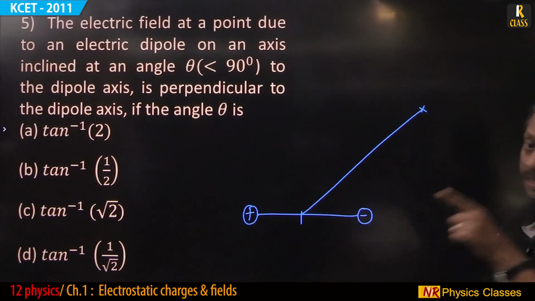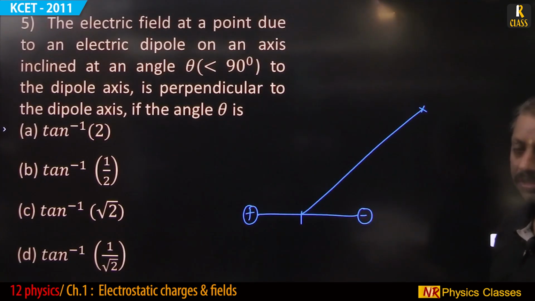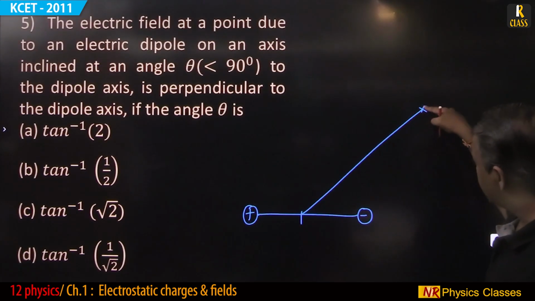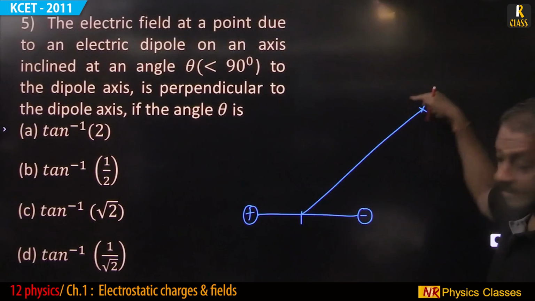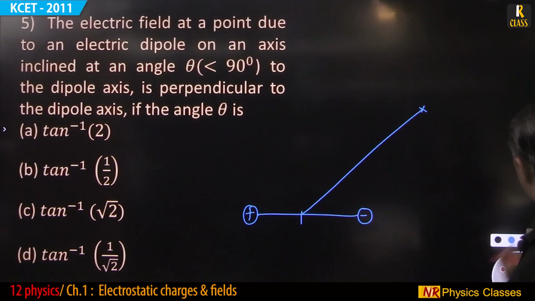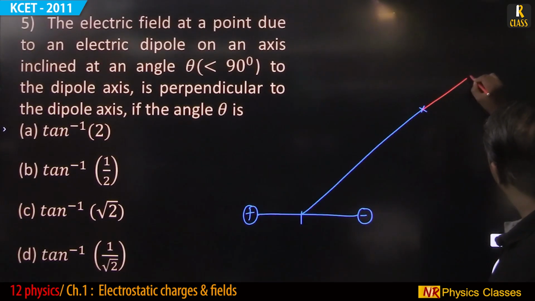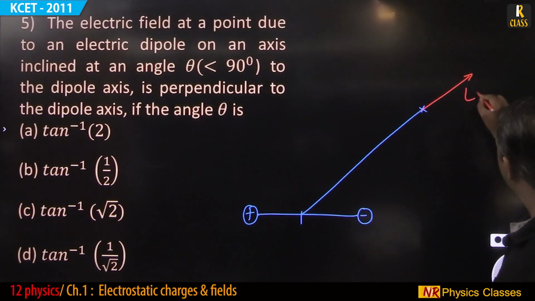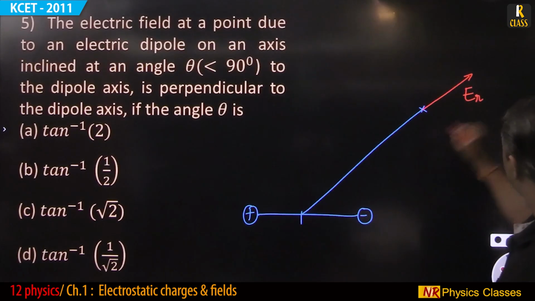Axis equatorial plane is there in our syllabus, isn't it? Now, the resultant electric field, there is a resultant electric field here because of positive and negative charges. That electric field is resolved into two components. One should be along this, call it radial component, ER, radial.